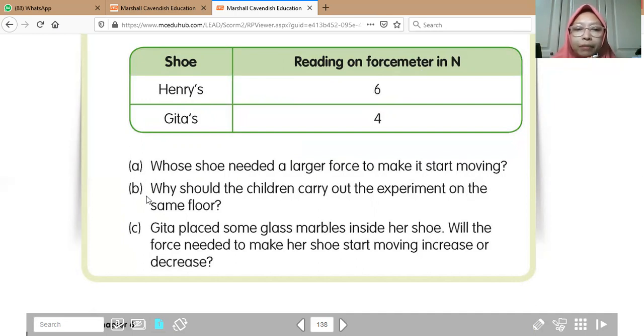And for part B: why should the children carry out the experiment on the same floor? Why must Henry and Gita pull their shoes on the same floor? Why is it not different? Yeah, please answer.